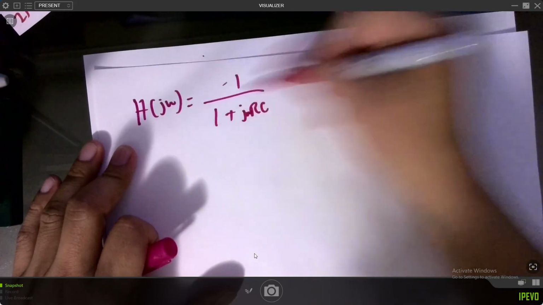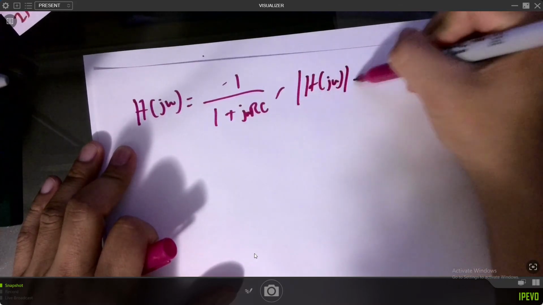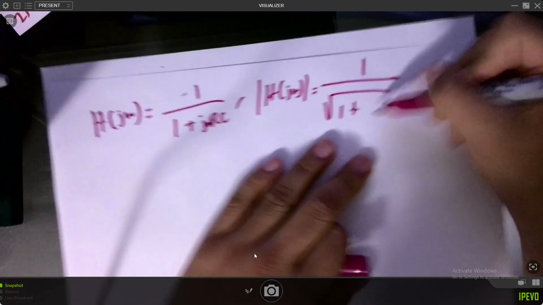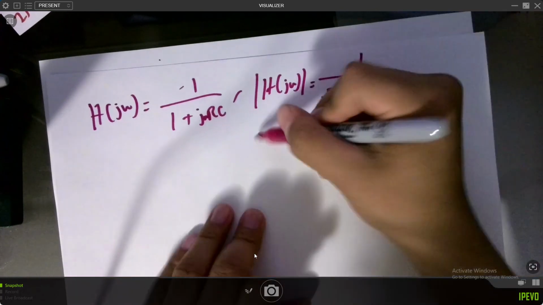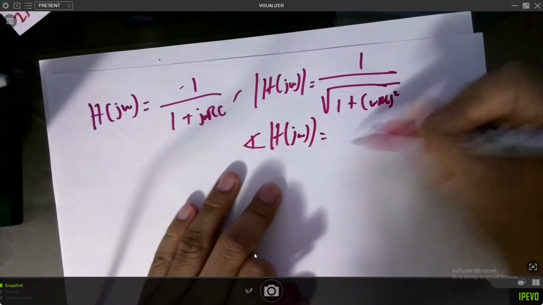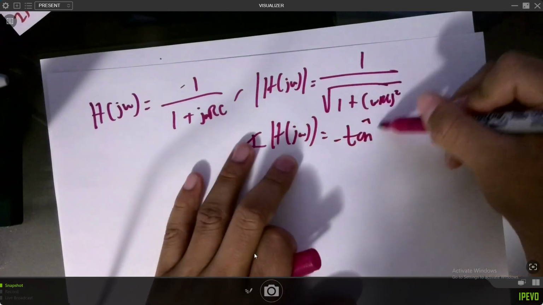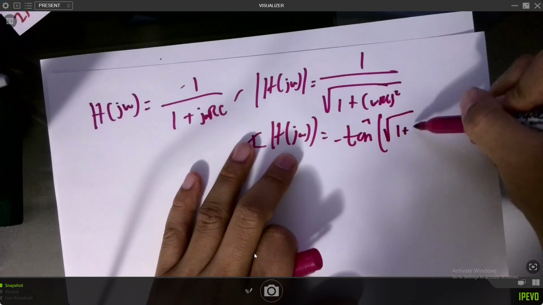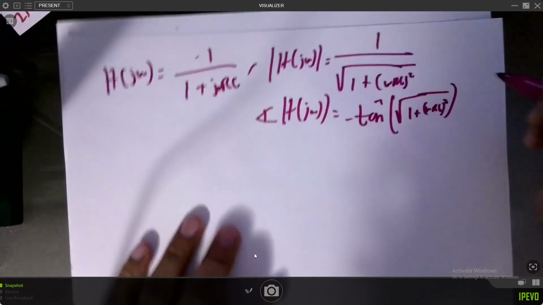And then the magnitude response of H(jω) is equal to 1 over the square root of 1 plus (ωRC) squared. Okay? The angle of H(jω) is equal to minus tan inverse of ωRC. There you go.